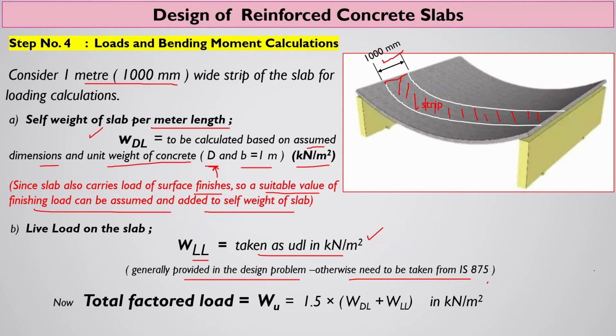So total load per meter length we are able to calculate, that is W dead load plus W live load, and then partial safety factor we have taken 1.5 for dead load and live load. So total factored load capital WU, it is for ultimate, will be calculated by using this formula, and this total factored load will be in kilonewton per meter square.